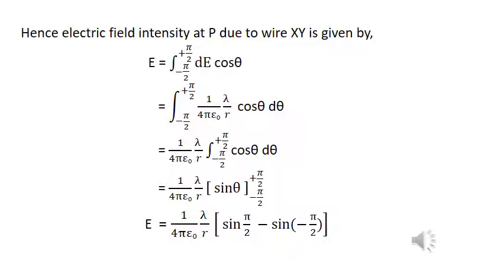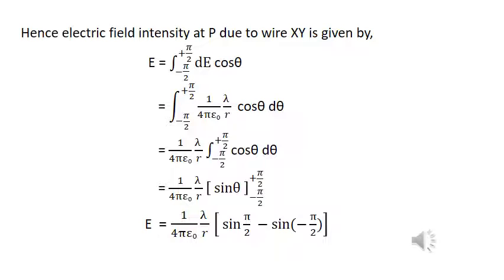Hence, the electric field intensity at point P due to the uniformly charged thin wire XY is given by E is equal to integral dE cos theta from limit minus pi by 2 to plus pi by 2.